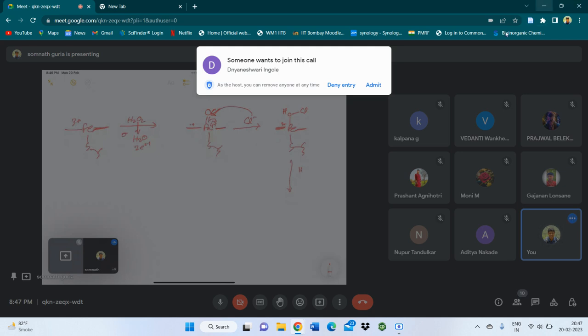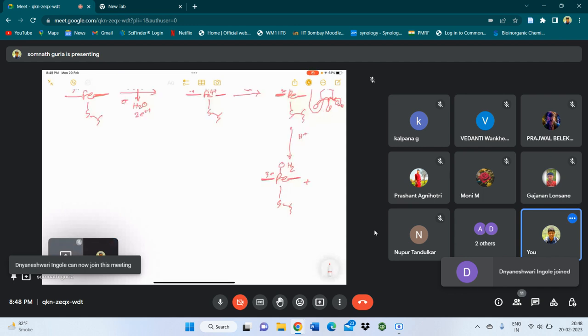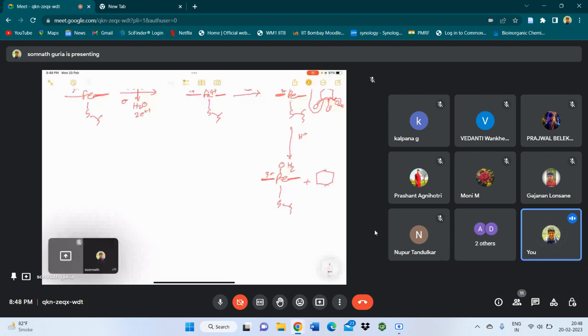Here the dichlorodimidon is formed: Cl Cl, methyl methyl, dimidon. Okay, fine. So now this is the peroxidase system.